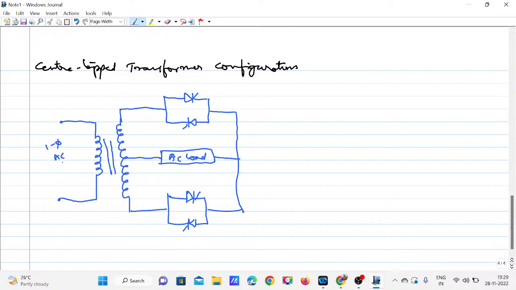This is single phase AC 50 Hz supply, and it is positive and negative. This is just like a center tapped transformer, I mean a center tapped full wave rectifier type of thing. The above one is P1 and below one is N1. Here the above one is P2 and below one is N2.